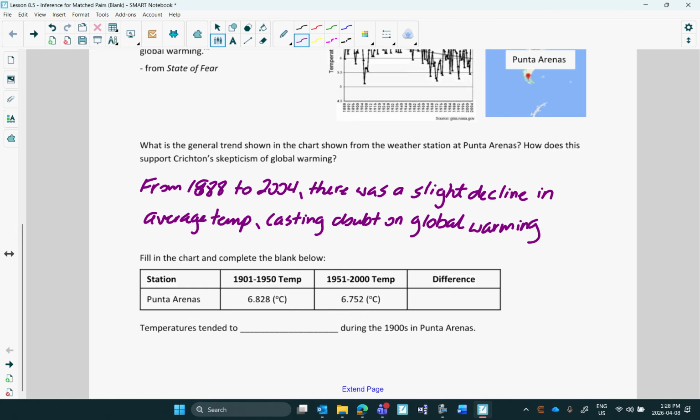If we start in 1901, and we go 50 years, and then 50 years again, the average temperature over those 50 years was this, the average over the next 50 years was that. The difference between them is negative, again suggesting that there was a cooling down. Not very much, a slight cooling, but it was still going down.